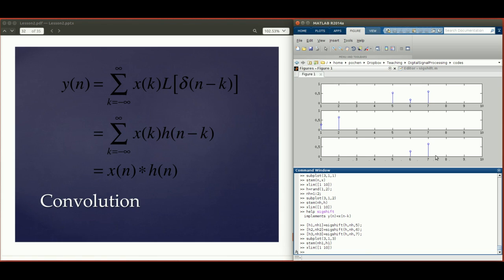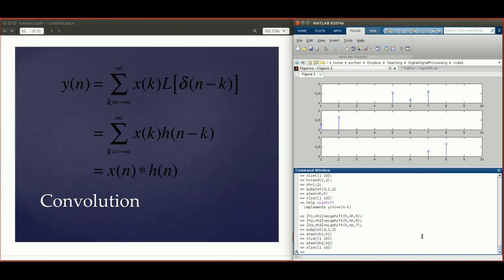Then if you do h2, it's shifted even more, by an amount of 6. The impulse response starts at 1, but now it starts at 7 because it has been shifted by 6.